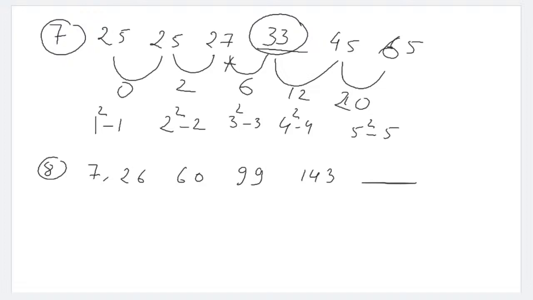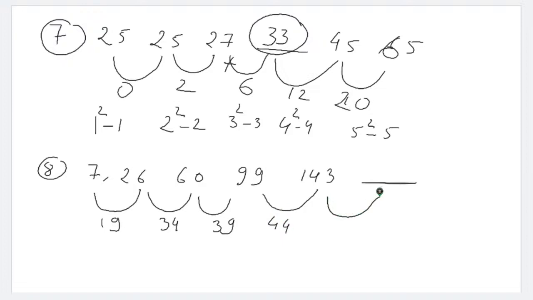If you see the difference, it is 19. Then the difference is 34. What is 99 minus 60? 39. What is 143 minus 99? 44. Now, since many people are learning for the first time, you will not come to know what exactly this 19, 34, 39, 44 means.